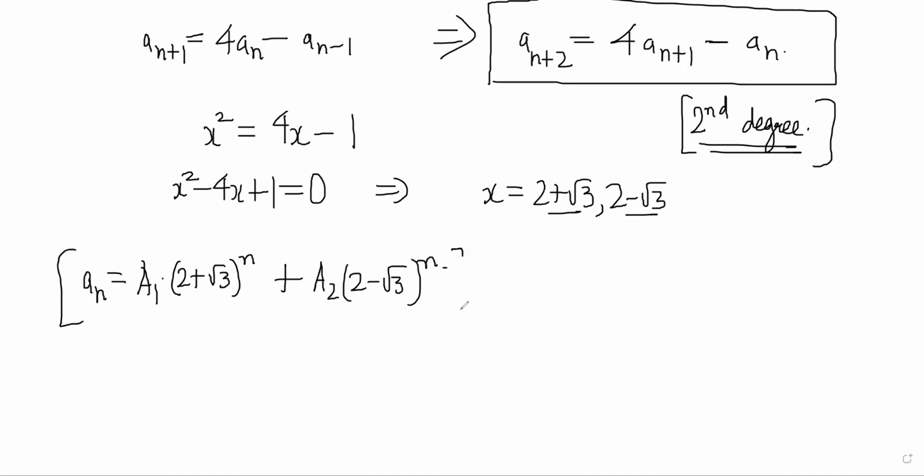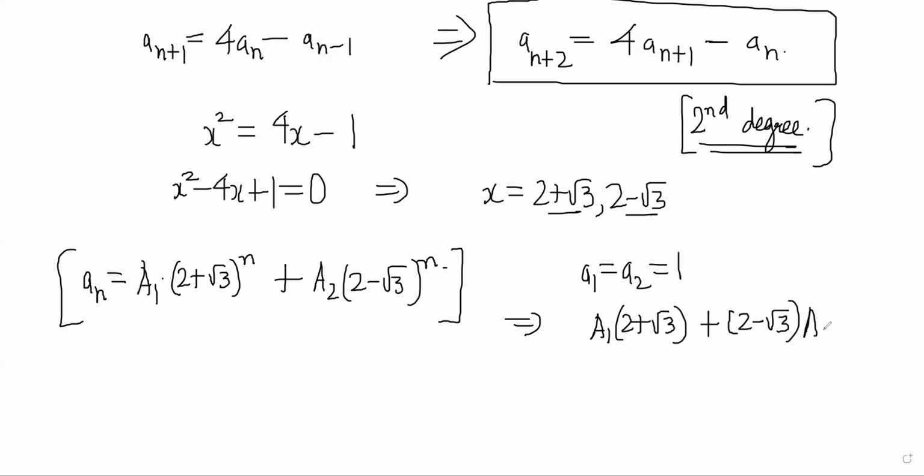And now our job is to find A_1 and A_2. Given that a_1 is equal to a_2 is equal to 1, we get two equations. A_1 (2 + √3) + (2 - √3) A_2 = 1. And also A_1 times the square, which is 7 + 4√3, plus (7 - 4√3) A_2 is also 1.